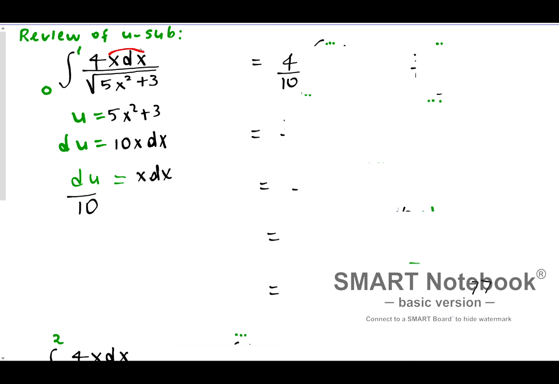I usually put the du on the inside, over 10 on the outside. So that's what you see over here. The 1 over 10 came from that. The 4 was pulled outside, x dx is replaced with du over 10, du is placed on the inside, over 10 on the outside, and this entire denominator became the square root of u.